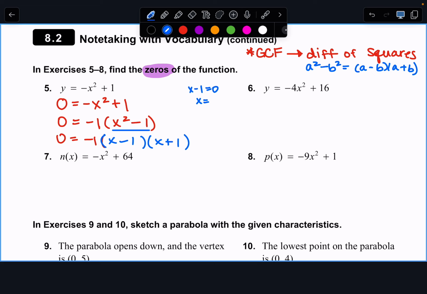There's no like terms to combine. We just got to move the 1 over to the other side. And what do we get? X equals 1. Okay. If x plus 1 equals 0, then I think that's when we get x is -1.